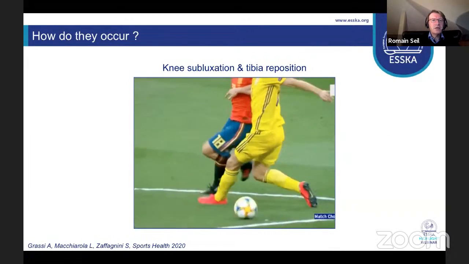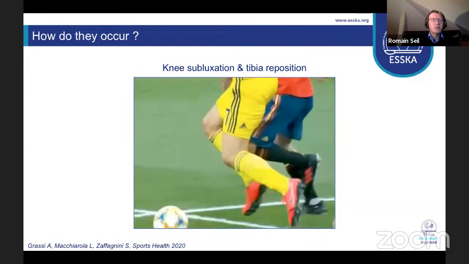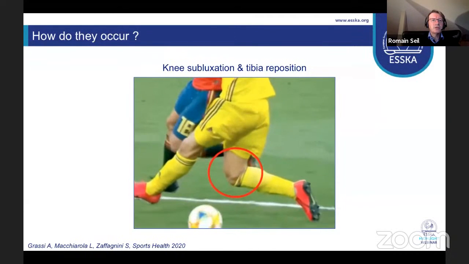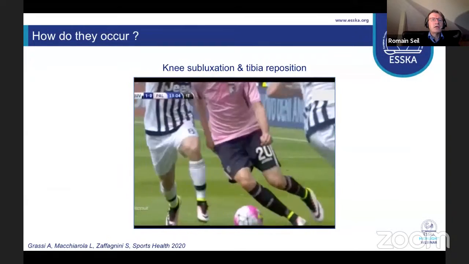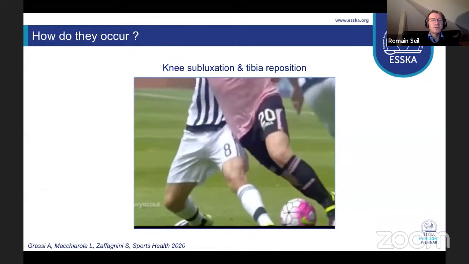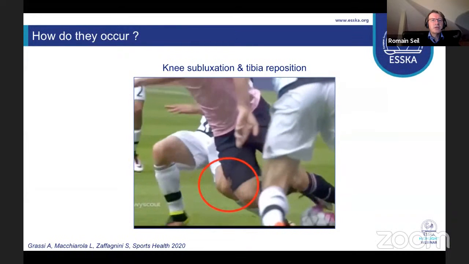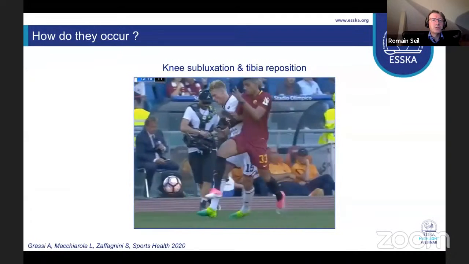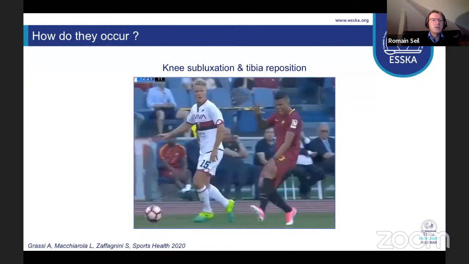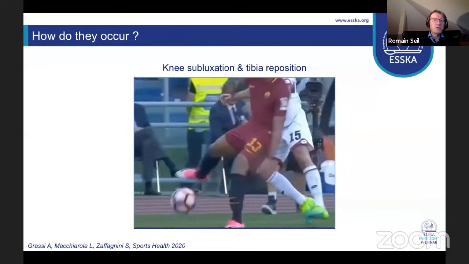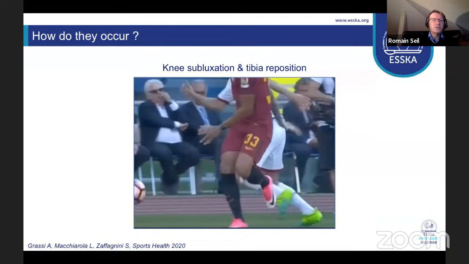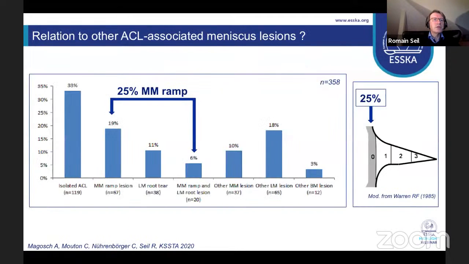And that's something you can see nicely in these videos, which have recently been published in Sports Health. You see here the subluxation, it's really like a shoulder dislocation, and here the reposition. And I show you another case here, very nice videos coming from Bologna around Stefano Zaffagnini's group. Again, dislocation, and here the reposition, and maybe the last one, also very nice, the reposition. And these are the injury types where these ramp lesions may occur. It's not a typical valgus collapse, but it's really a dislocation.